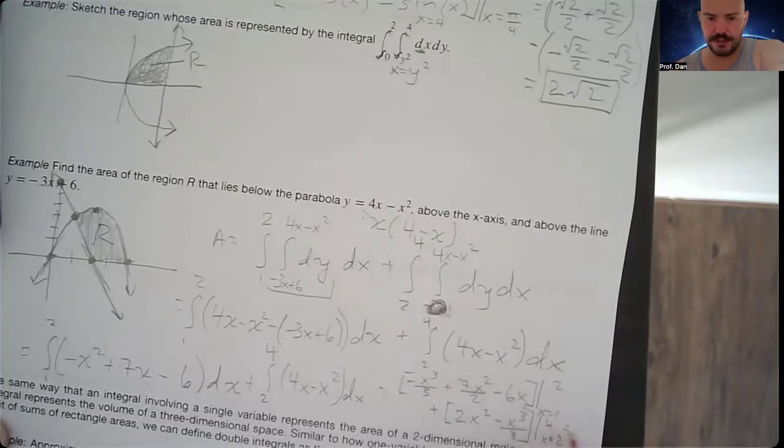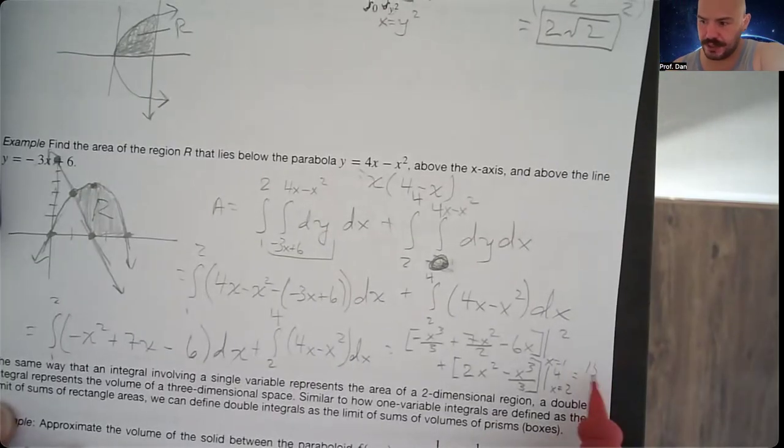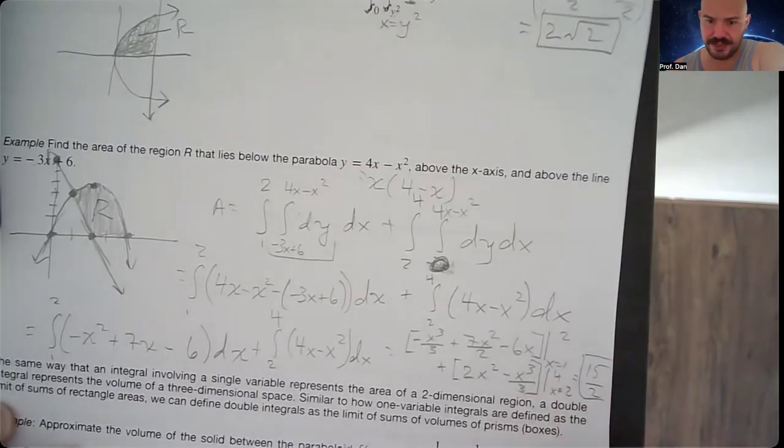Okay, so when you do all that arithmetic, you end up with 15 halves. Okay. So moving on to the next thing.